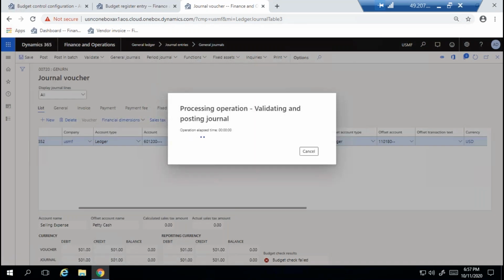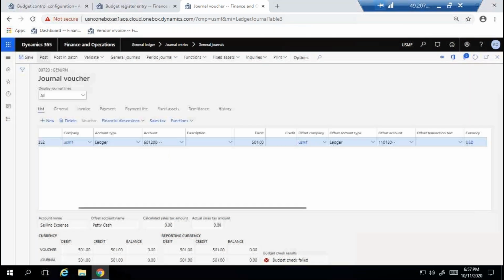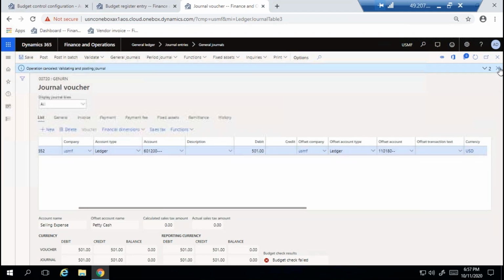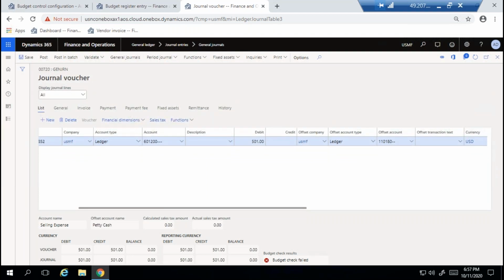System will not allow you. It will stop you. Understood? System will not allow you to post. This is the main concept of budgeting, budget control.